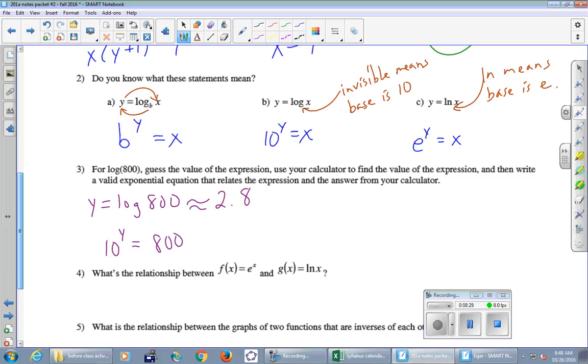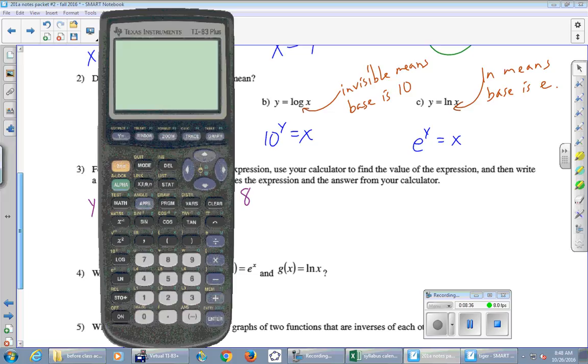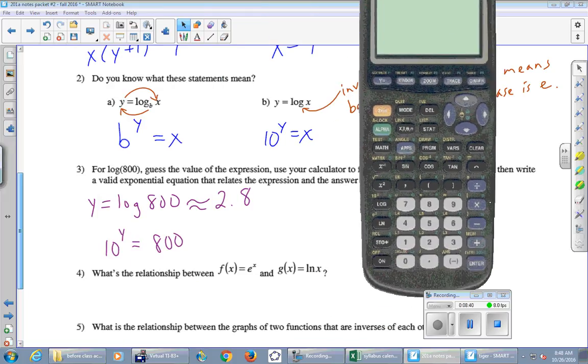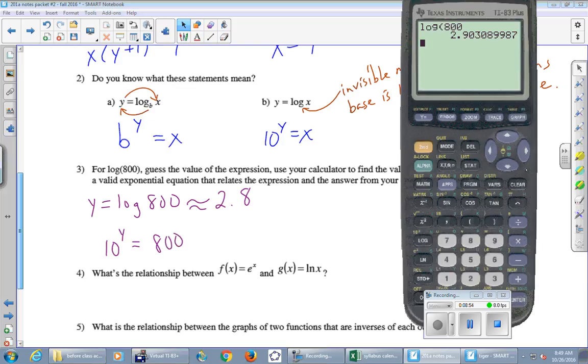On the calculator, you guys all know how to just type in log of 800. And the whole point of this exercise is to just make sure you understand when you're typing log of 800, it's something you could approximate, right? Like it shouldn't just be a magical number that pops out of no place. It has a meaning. You can guess approximately what it is, and the calculator can give us obviously a much more accurate guess.